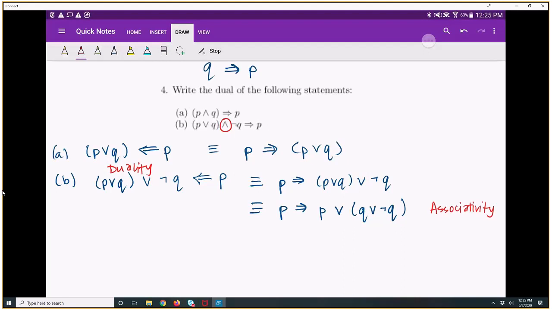This was associativity. And then Q or not Q is just tautology. So this is simply P implies P.